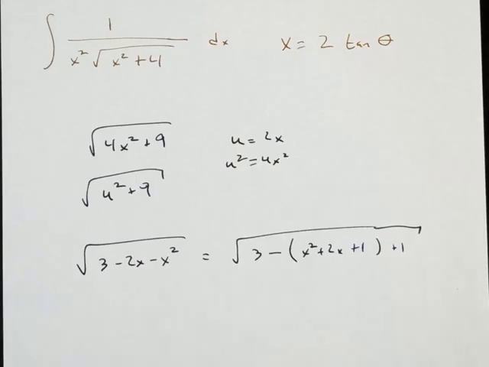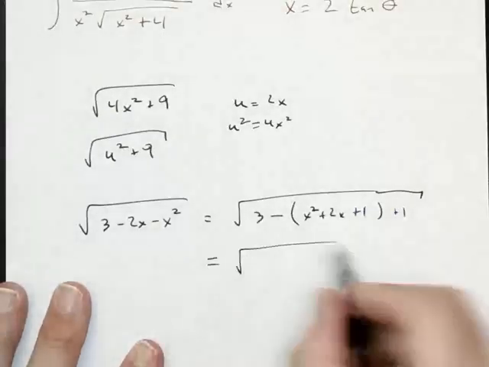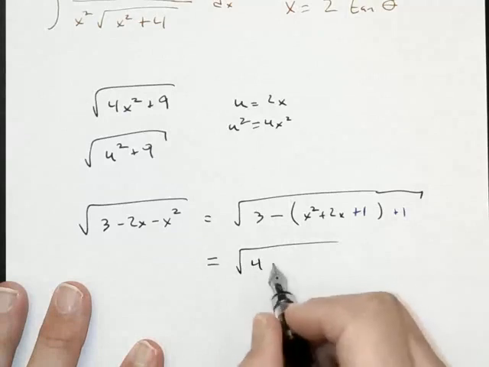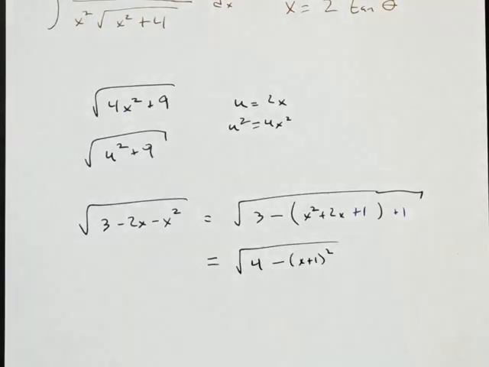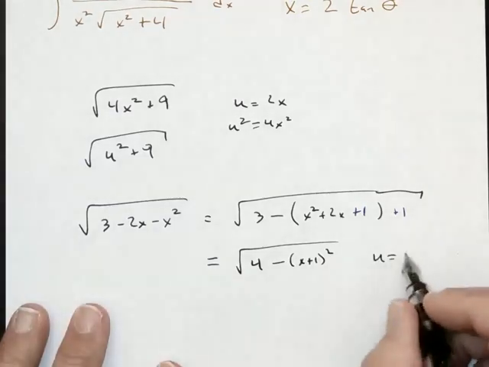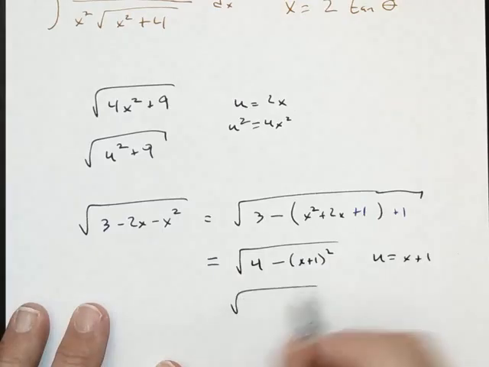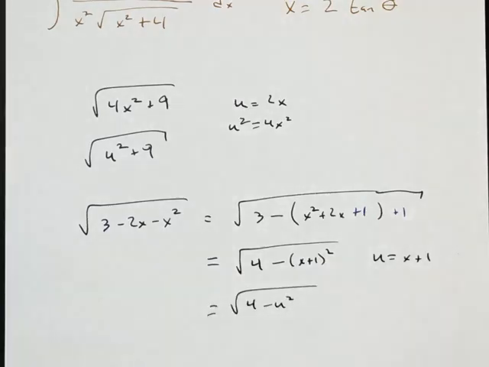If you add it, you have to subtract it. Well, that makes this the square root of 4 minus x plus 1 squared. Do another u substitution. U equals x plus 1. And now it looks like what I want to do.